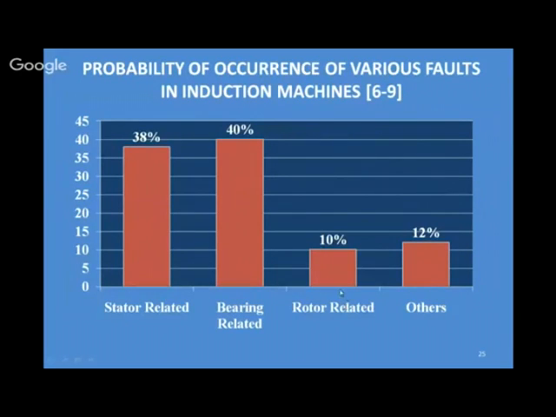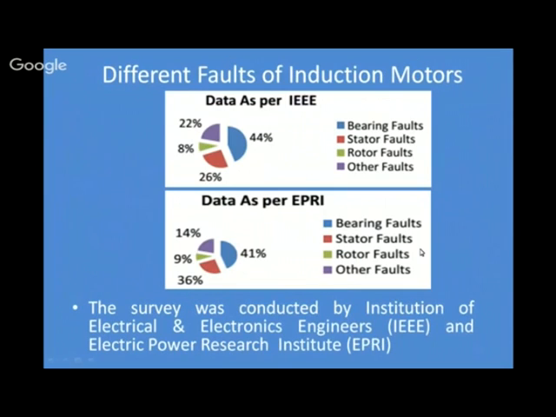Then we have rotor related faults and other types of faults like gearbox failure or drive system failure. So this is the data given by various agencies, IEEE or EPRI. They have also classified the faults in major categories: bearing faults, stator faults and rotor faults.